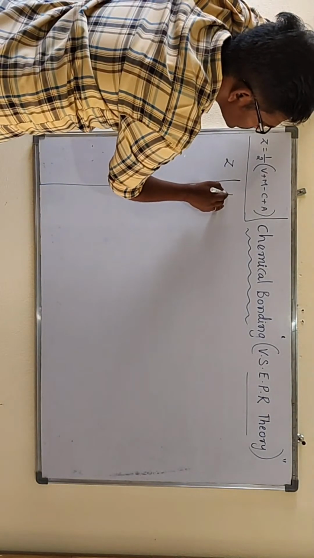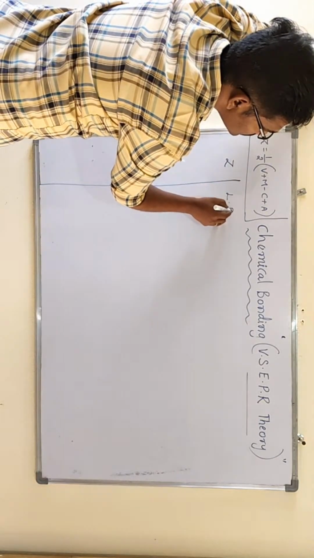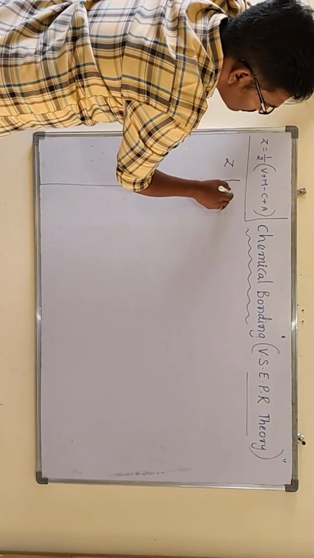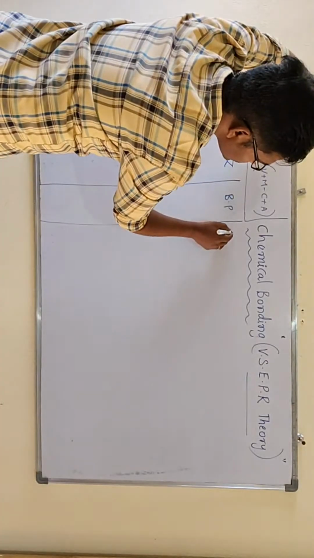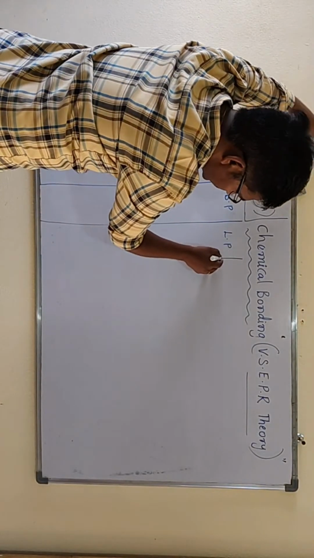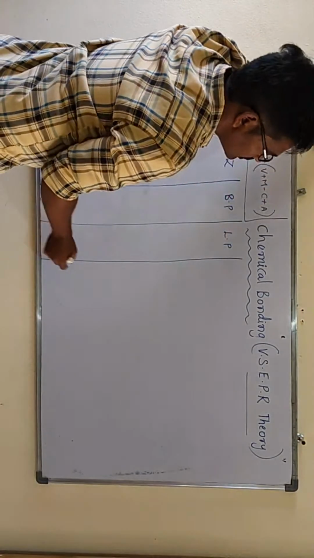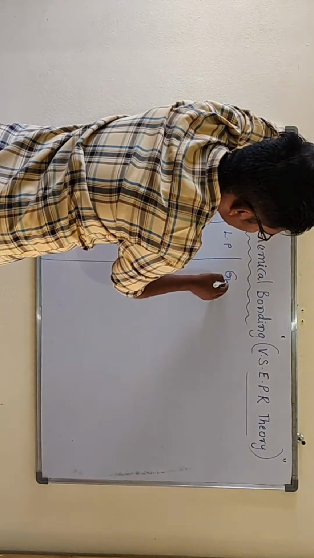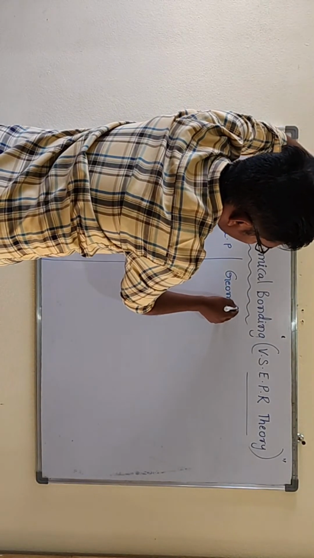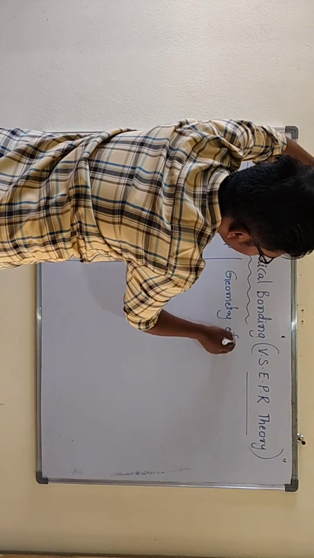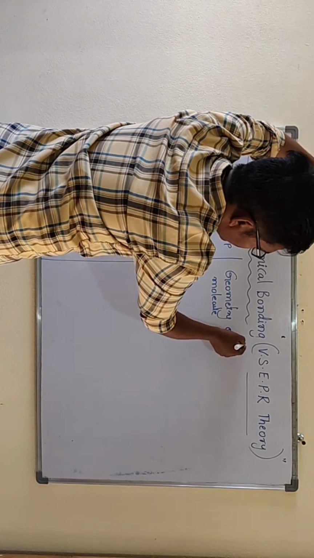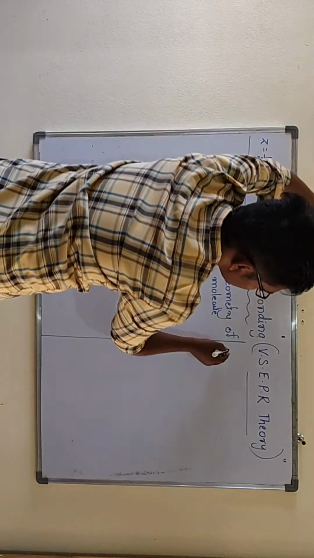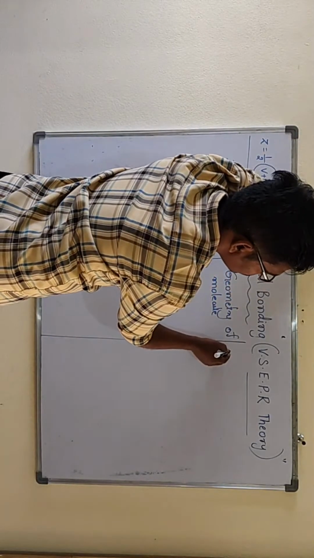First, if you take the steric number, lone pairs, the bond pairs, as well as lone pairs, then the geometry of the molecule, and the distortion when lone pairs are present.